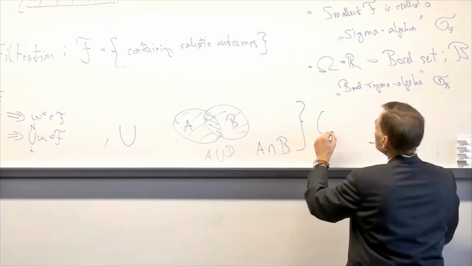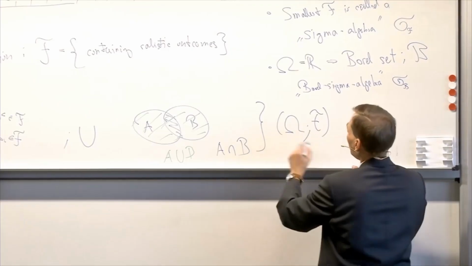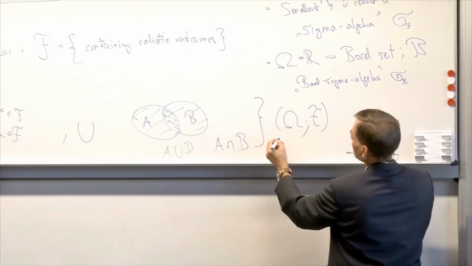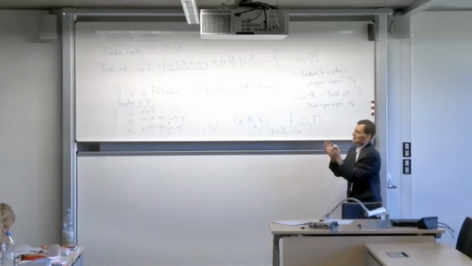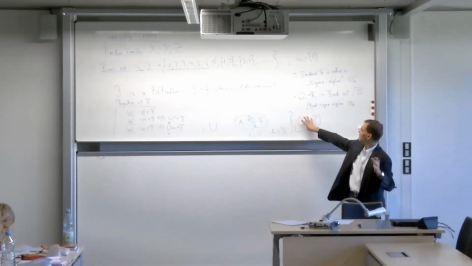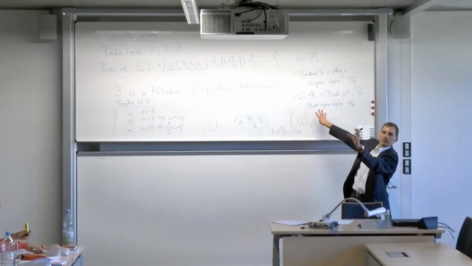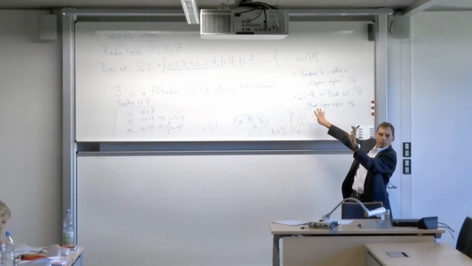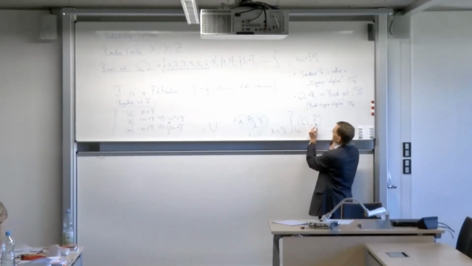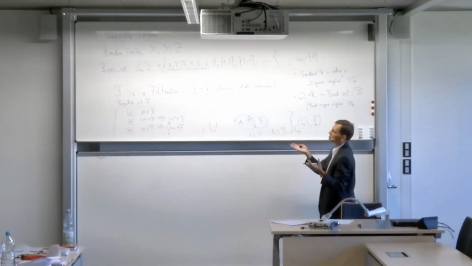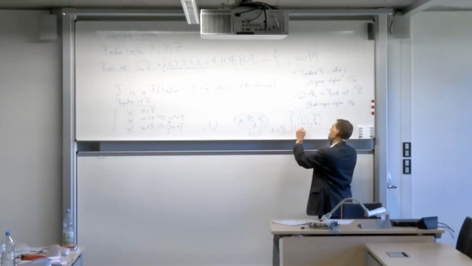If we look at omega and F, we call this a measurable space. That's a space containing all the possibilities and looking only at the interesting possibilities or events in this universe. That's what we call a measurable space, because F, this filtration, is measurable. That's terminology, or definition.